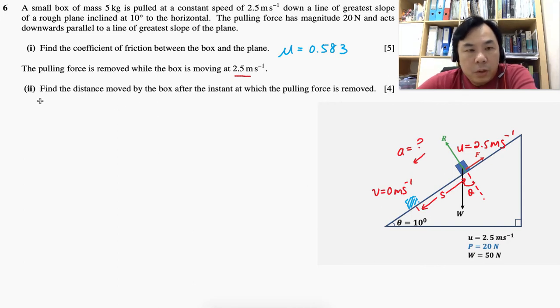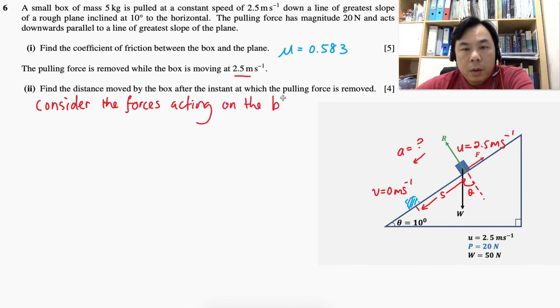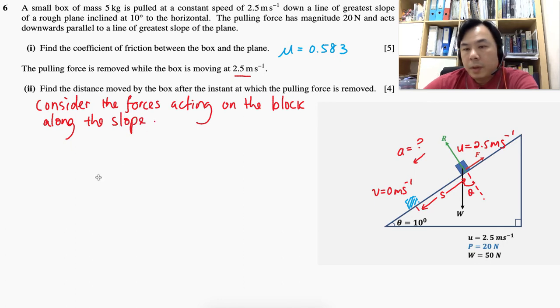So by considering the forces acting on the block along the slope itself, by applying Newton's second law, we know that there is no downward force anymore.